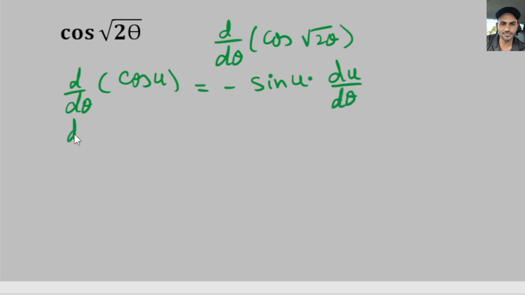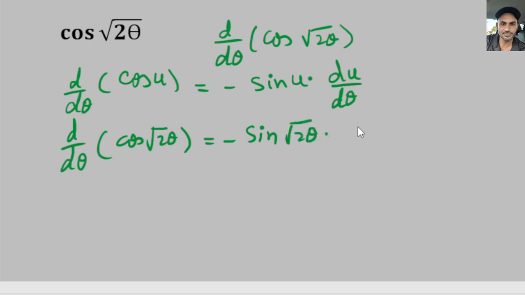So then the derivative of cosine of square root of 2 theta equals negative sine of square root of 2 theta times the derivative of square root of 2 theta.